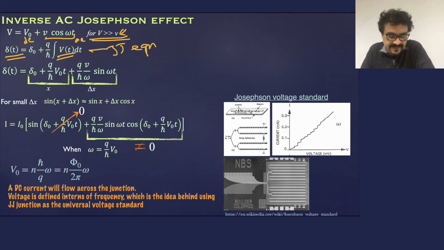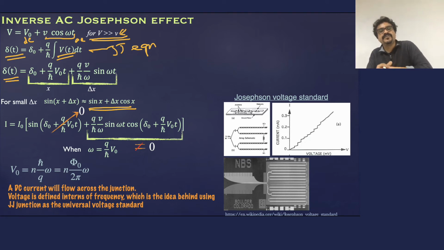Delta T. Now, we have already assumed that the magnitude of the AC excitation is comparatively very small, and in that situation you can actually write this delta T in the form sin(x + delta x), which is approximately equal to sin x plus delta x cos x.